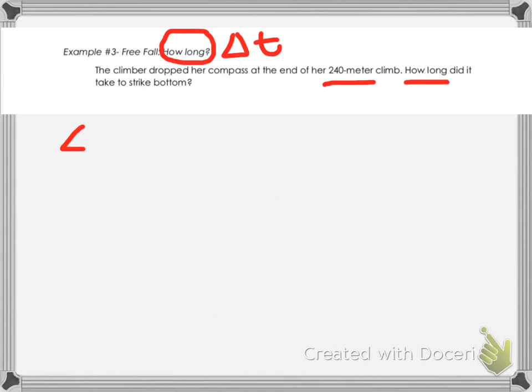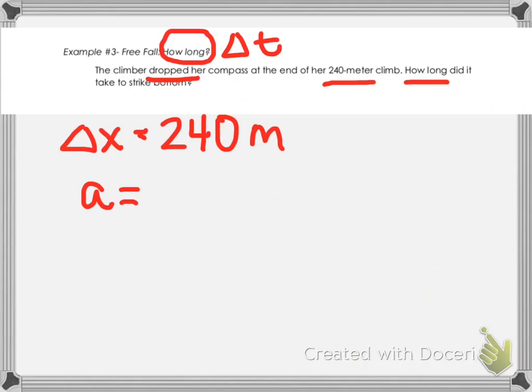So we know delta x, the distance, is 240 meters. She dropped it, so it's falling in the air, which tells me that my acceleration is 10 meters per second squared. I'm trying to find delta t.